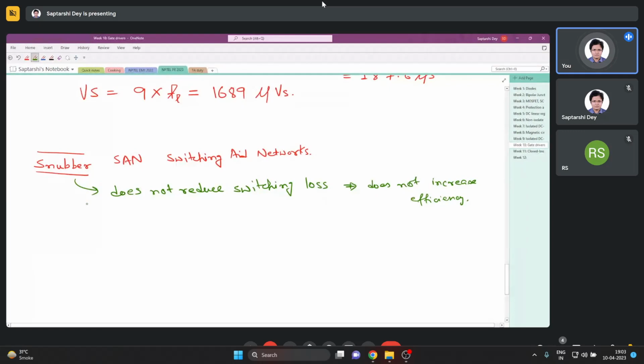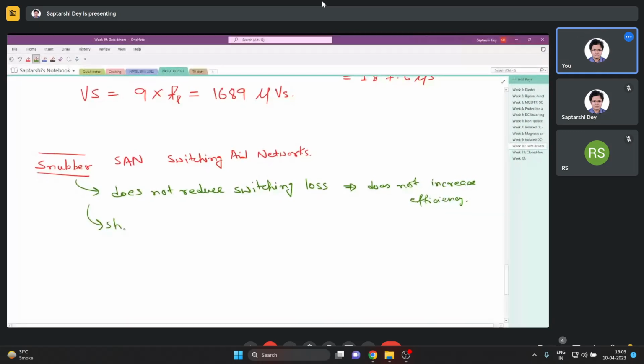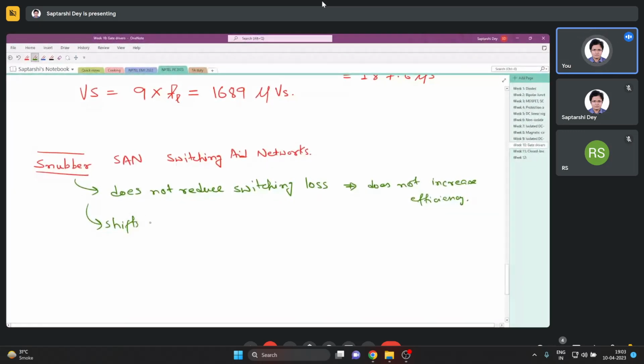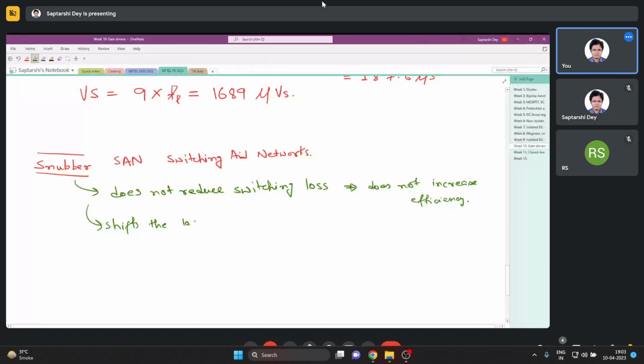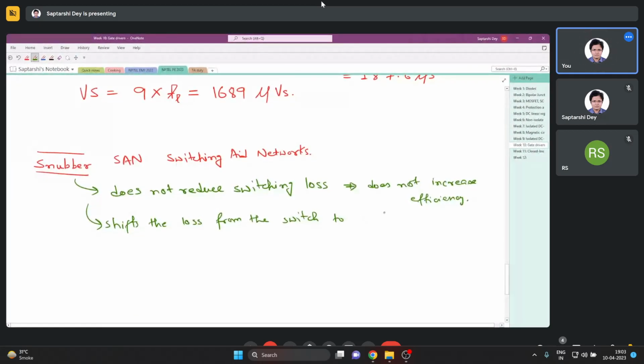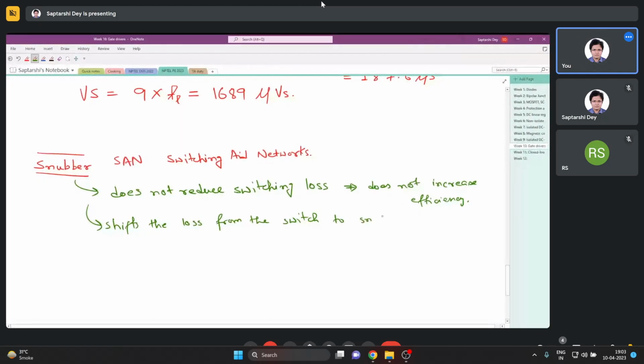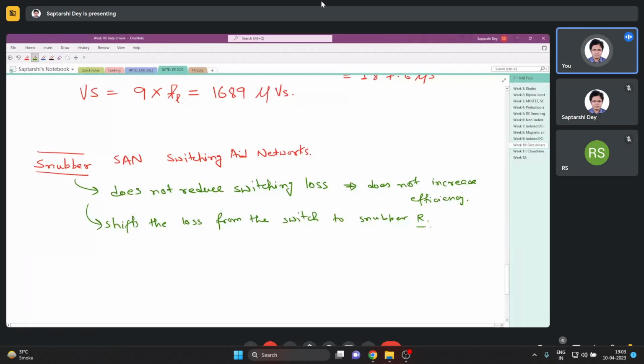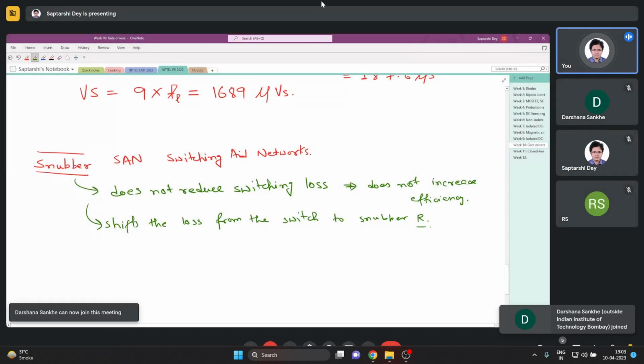What it does is shift the loss from the switch to the snubber resistance. So from the switch's point of view, it looks like the switching loss is avoided.